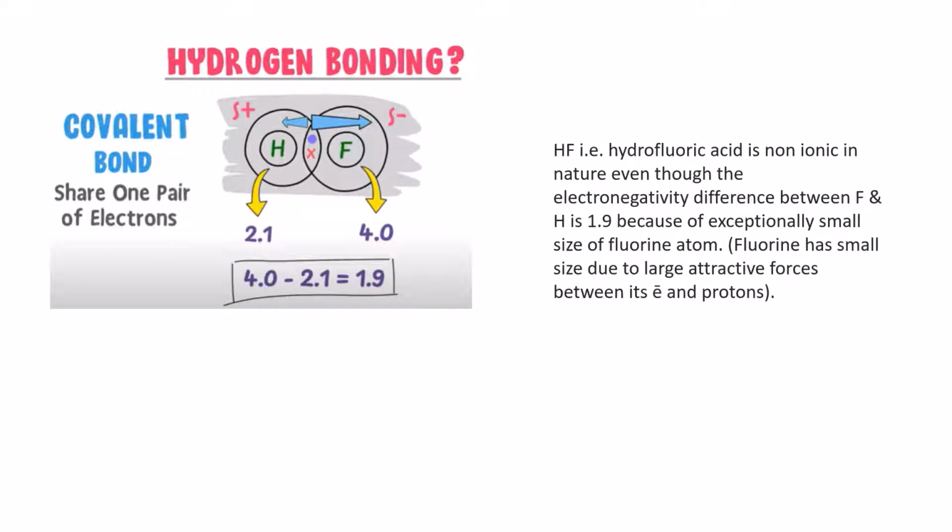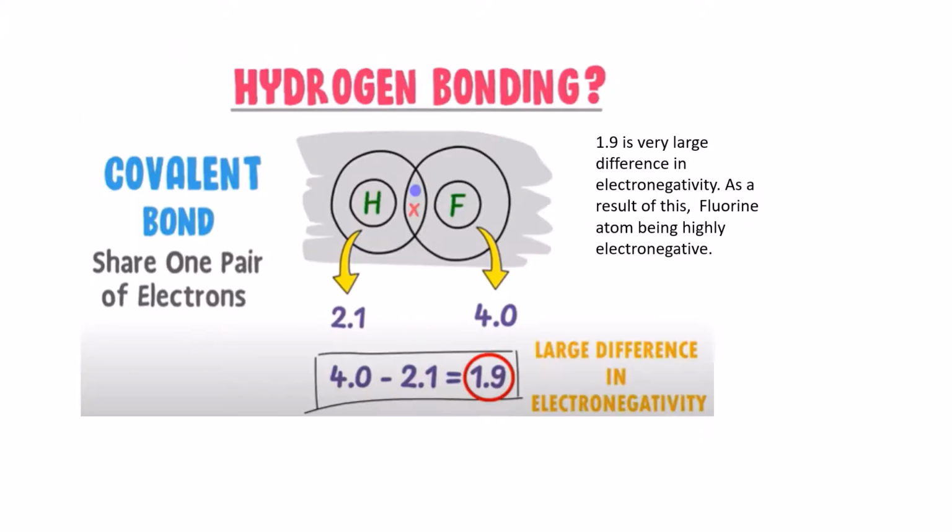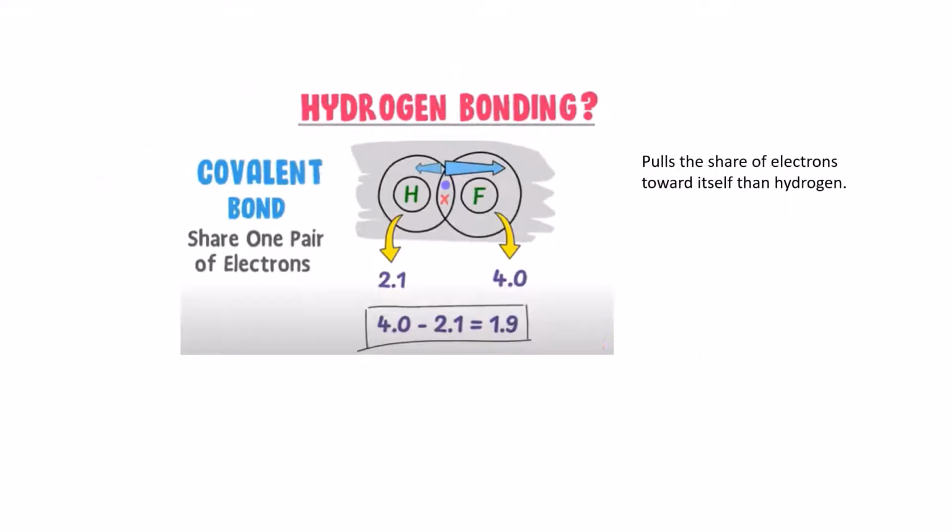Fluorine has a small size due to the large attractive force between its electrons and protons. 1.9 is a very large difference in electronegativity. As a result, the fluorine atom, being highly electronegative, pulls the shared electrons towards itself.